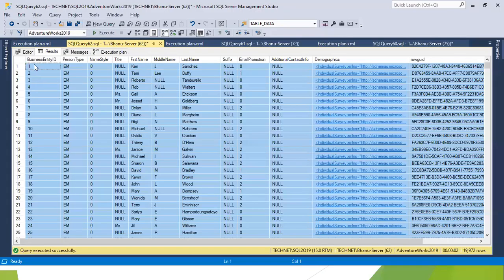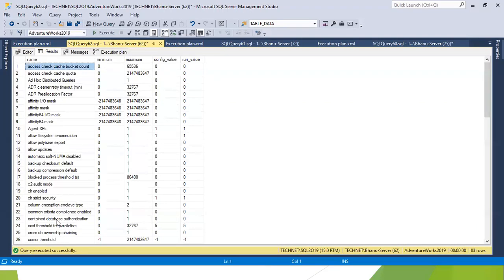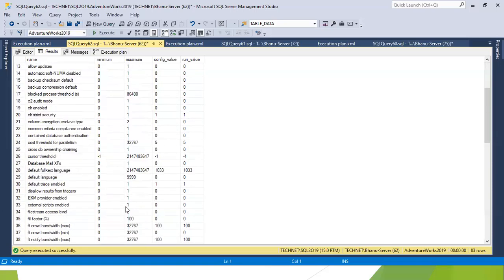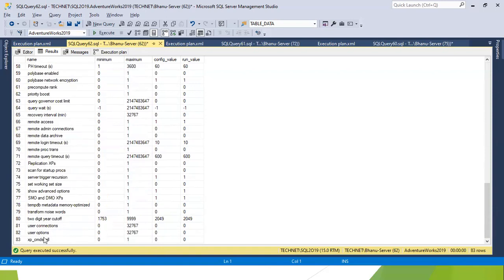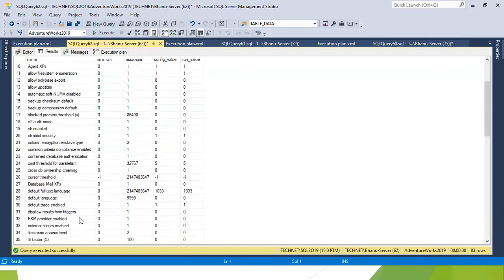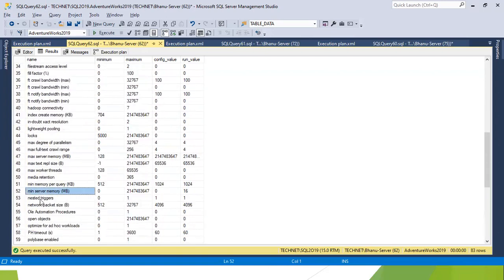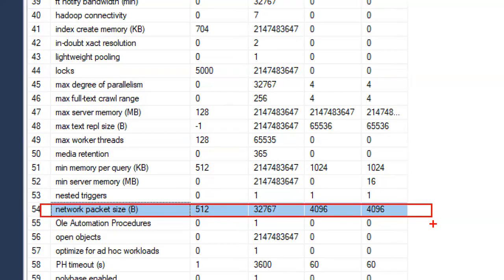We know how to check the network packet size: with sp_configure. This is an advanced option, and you have to enable advanced options to get the data. See here, network packet size.